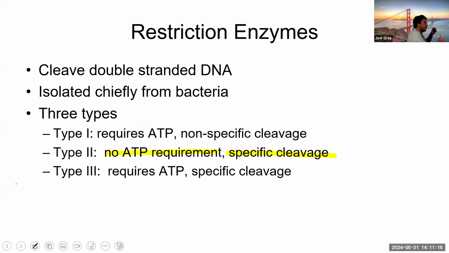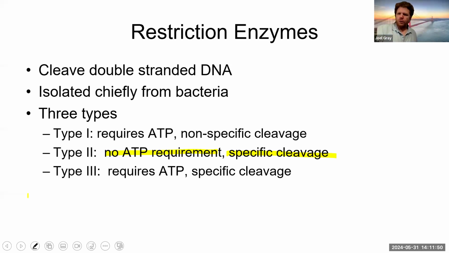It's going to jump into those major and minor grooves, and it's going to read the base pairs. It's going to say, okay, I'm looking for a specific sequence. I'm looking for an ATC. And whenever I see that ATC, I'm going to cut after that C. Does that make sense? If it says I'm looking for ATC and it sees ATG, it's not going to do anything. It's going to keep processing until it sees ATC. Okay, cool.